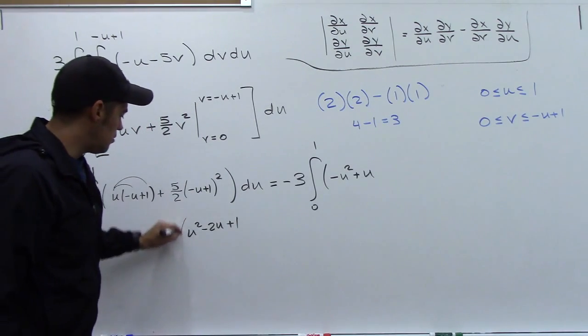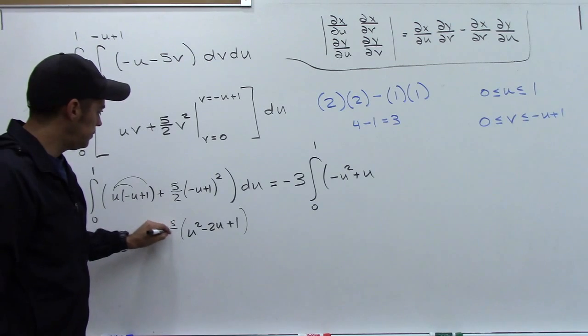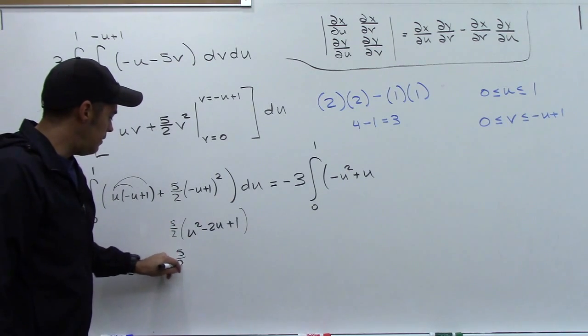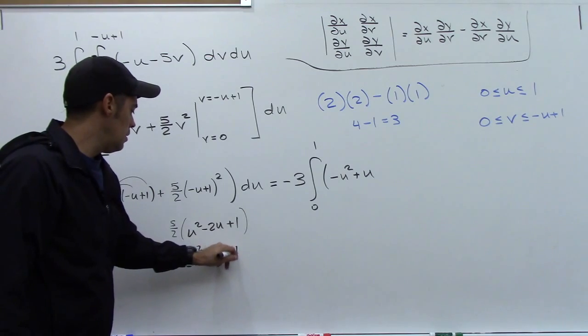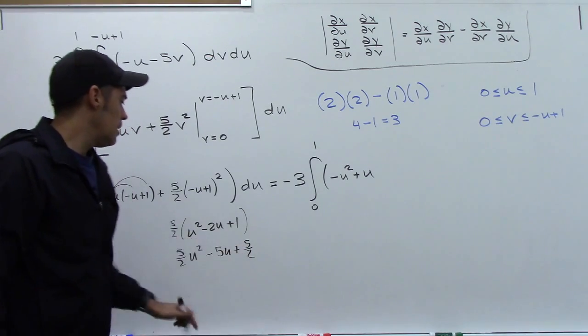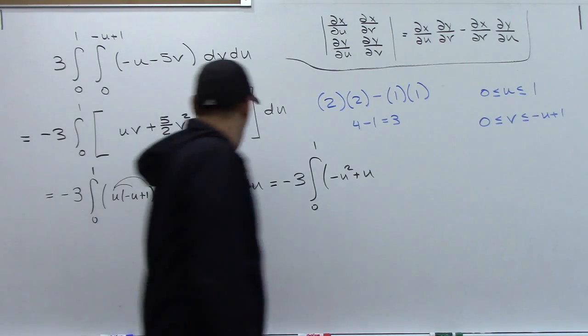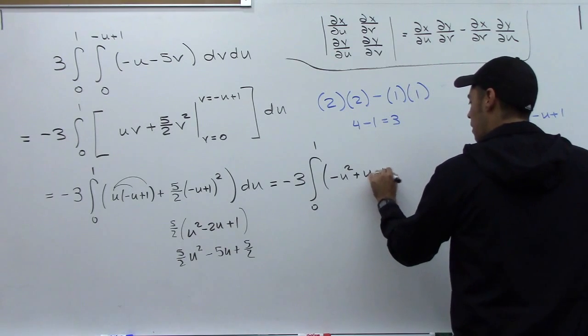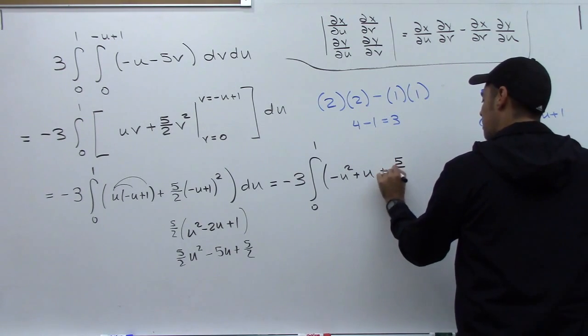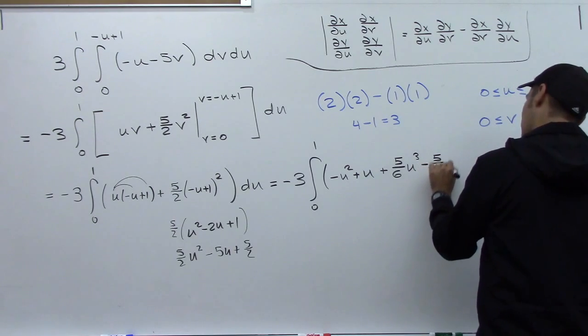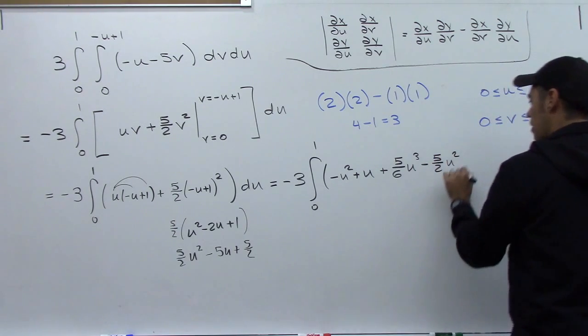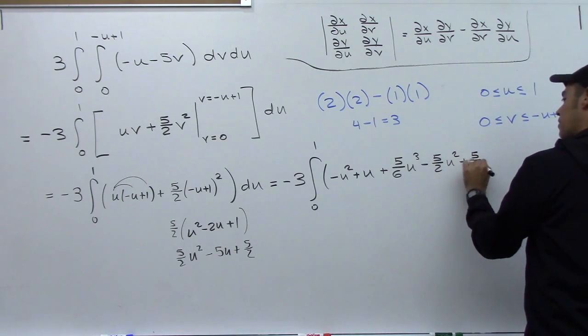If I multiply this through by 5 halves, I get 5 halves u squared minus 5u plus 5 halves. And I'm going to integrate each one of those. So I'm going to get 5/6 u cubed minus 5 halves u squared, and then plus 5 halves u.